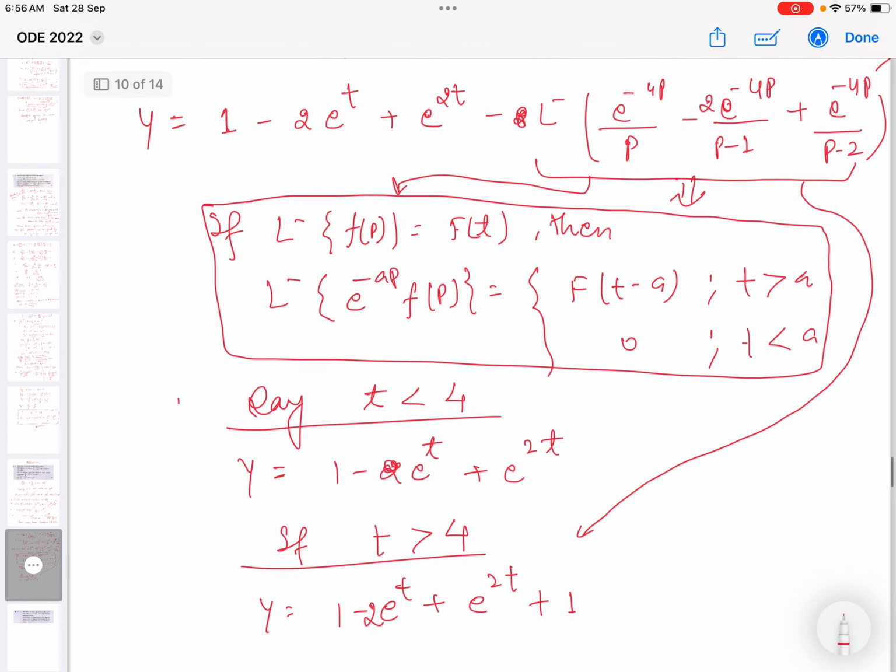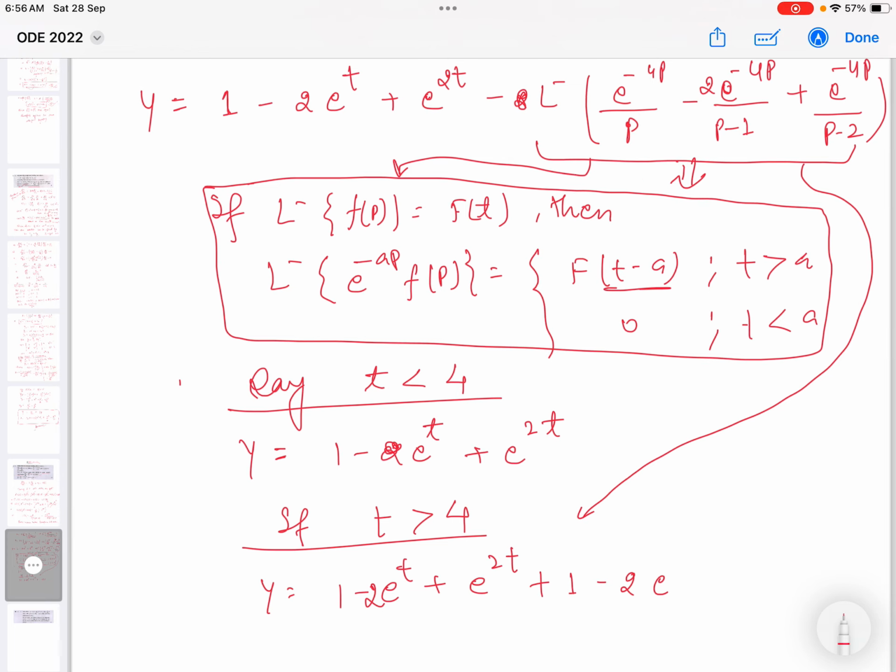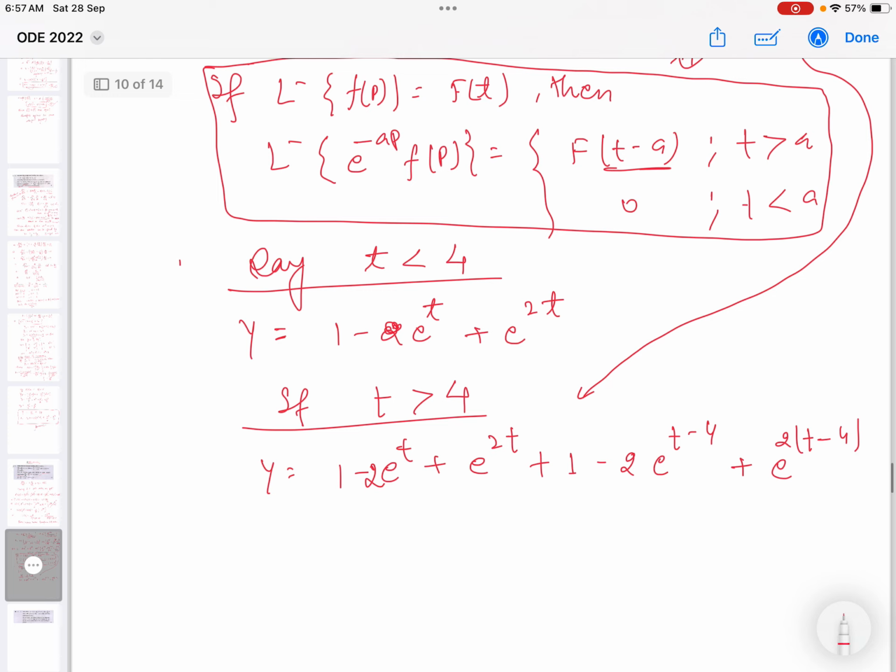For 1 upon p minus 1, it would be e raised to the power t. So doing the shifting, t minus 1 will become t minus 4, and similarly it will become e to the power 2 times t minus 4. So this would be our final solution.